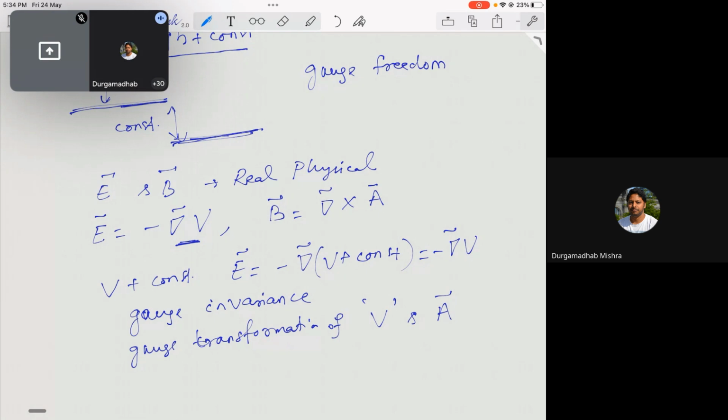So when there is a time varying electric field and magnetic field, how does that affect the scalar potential and vector potential?